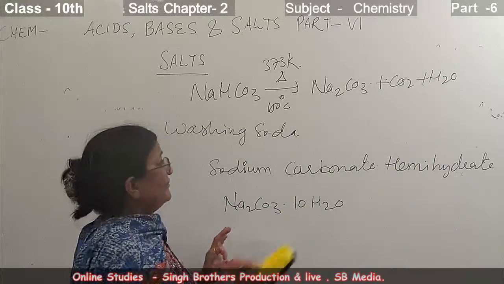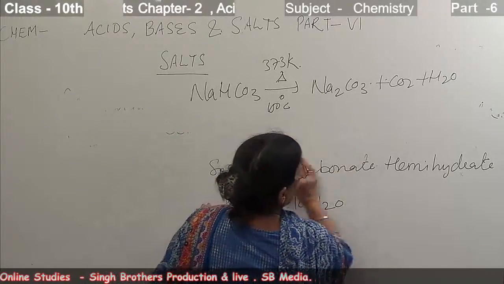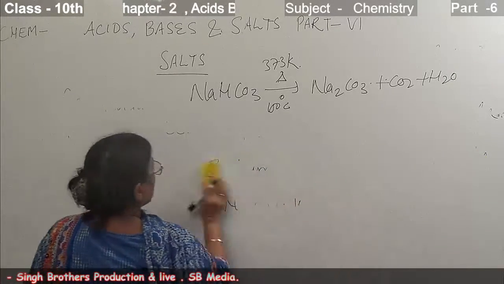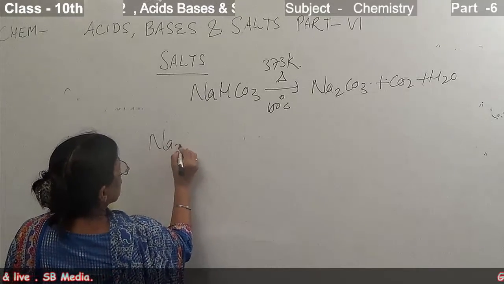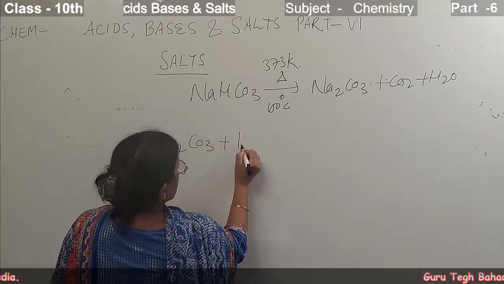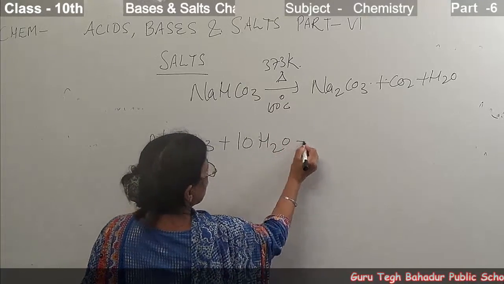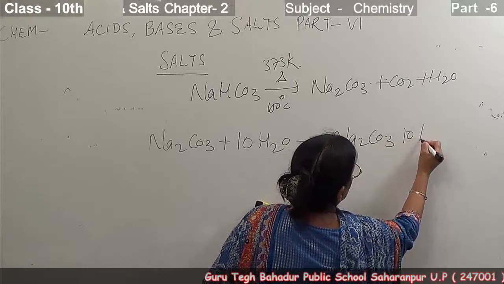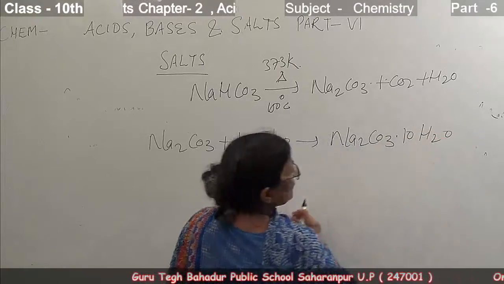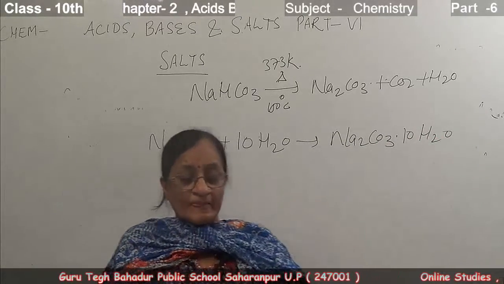Then this Na2CO3 obtained is recrystallized with water: Na2CO3 plus 10H2O forms Na2CO3·10H2O. So this is the formula of washing soda.